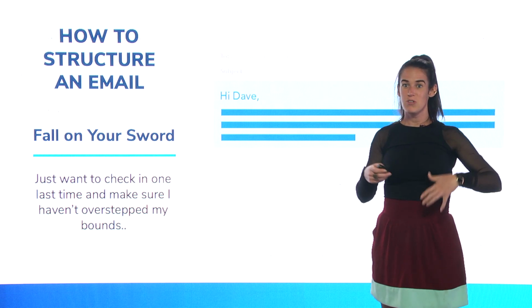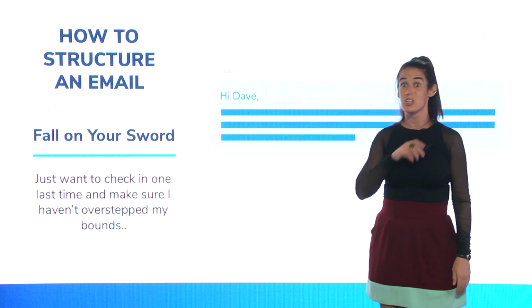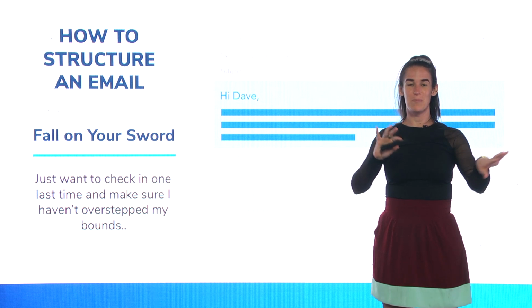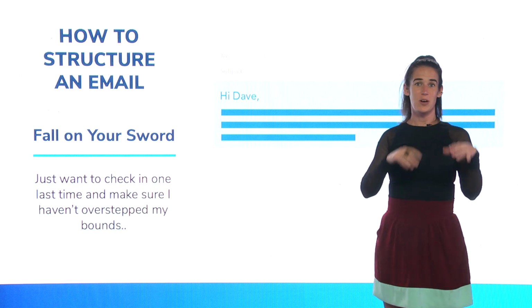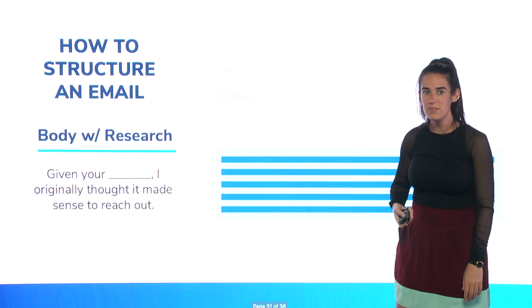You get the idea. You can use any kind of words that you want. I just want to check in one last time and make sure I haven't messed something up, that I haven't hosed the relationship here. You're essentially communicating to your prospect that you just want to poke your head in and make sure that you didn't screw anything up.